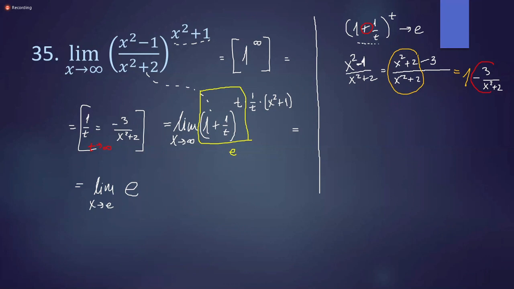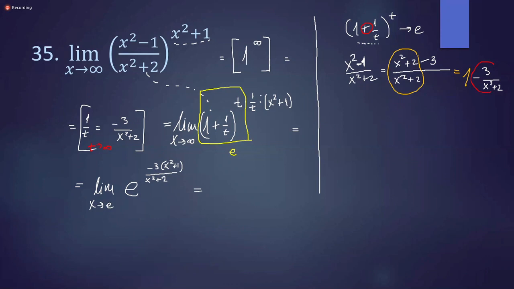This is 1 over t. So I'm writing minus 3 divided by x squared plus 2. That's 1 over t times x squared plus 1. So I multiply by x squared plus 1.